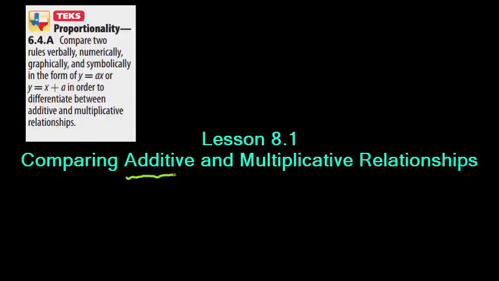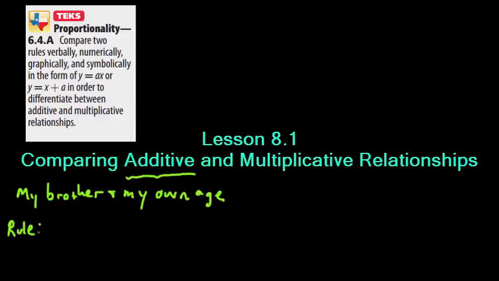Okay, so when we talk about an additive relationship, that would be like the relationship between my brother and my own age. That's an additive relationship, meaning that no matter how old my brother is, if you add 7 years to it, that's my age. So the rule, and it says you have to express the rule verbally and numerically.